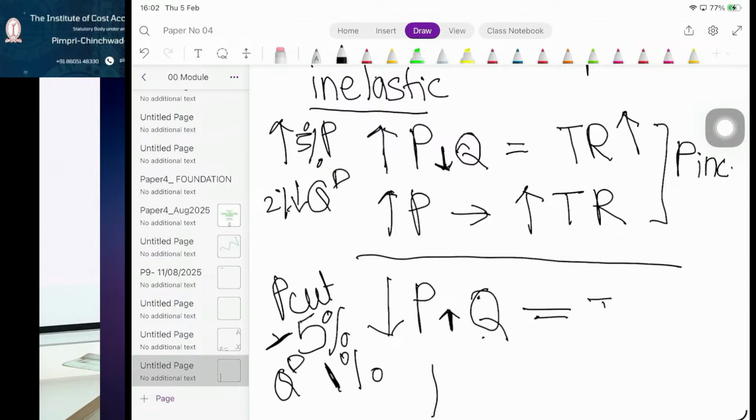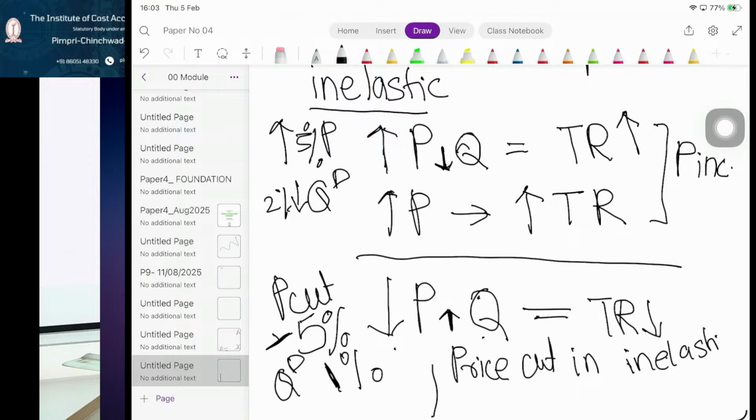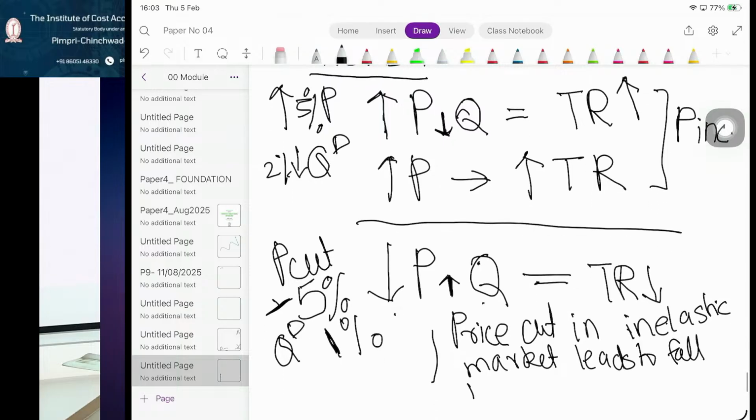So a price cut in an inelastic market leads to a fall in total revenue.